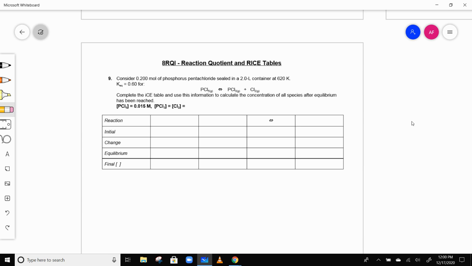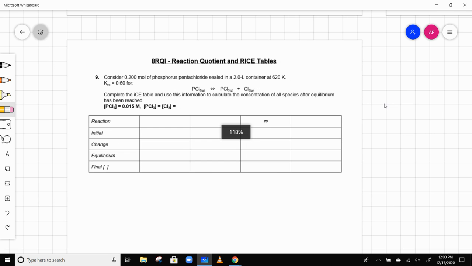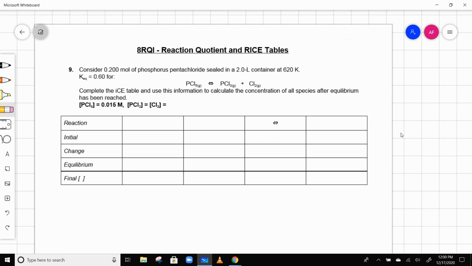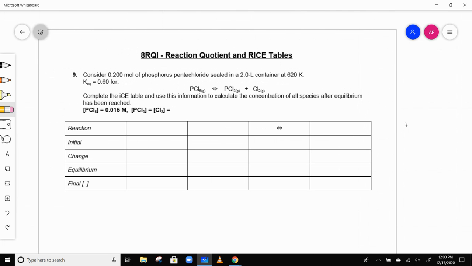This is kind of an introduction to what we're going to do next time. If you get a reaction like this where you're not going to be able to square root the reaction, you're going to have to use one of 2 methods. The first method is to actually calculate using the quadratic formula.